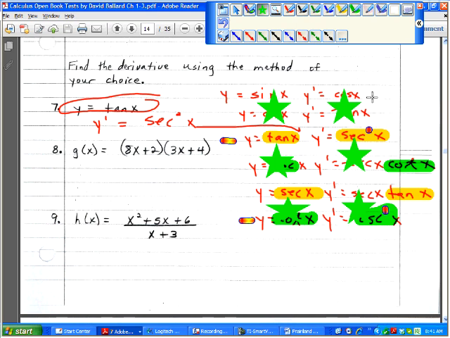When you have tangent, there's going to be a square. Cotangent is connected to cosecant. The C's are connected to the C's, and the C's are connected to negatives. Okay, you understand all that? That's a good way to learn that. Any questions on number 7?